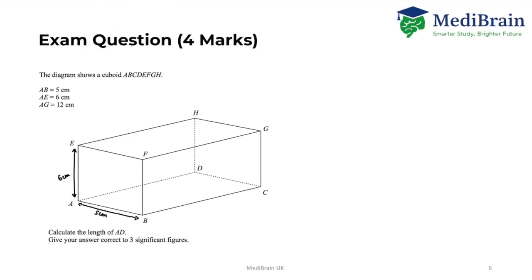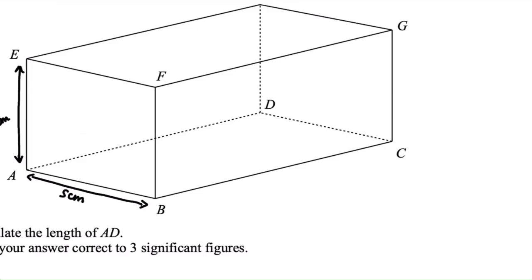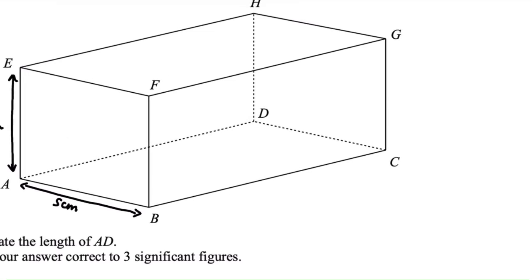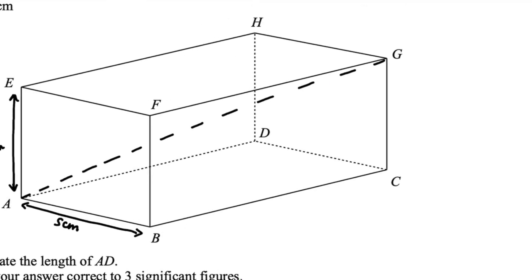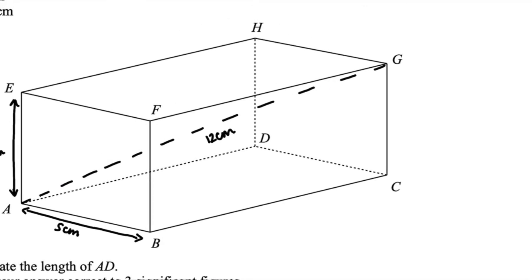And we know that AG is 12 centimeters. So if we go across, that dotted line that I've drawn from A to G is 12 centimeters.